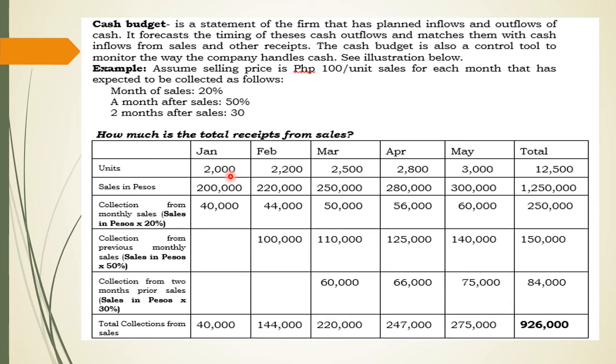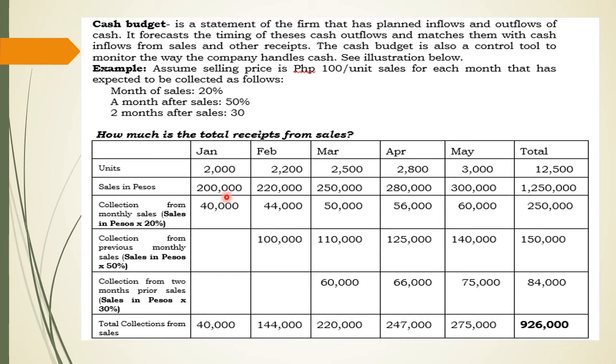Say for example, from the month of January, you have 2,000 units. So, how much ganing to siya per unit? You have 100. So, 2,000 times 100, you will have 200,000 sales in pesos or collection.